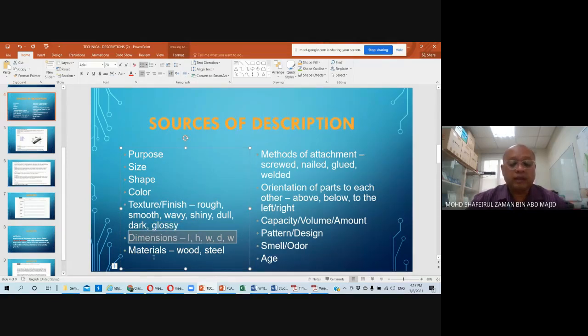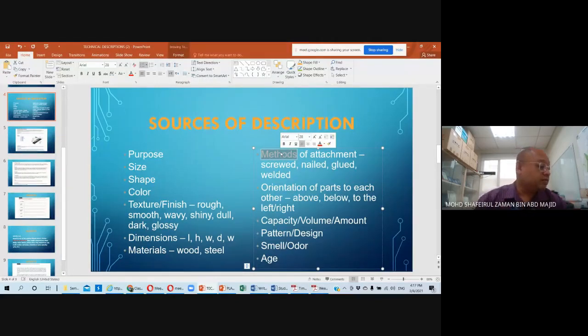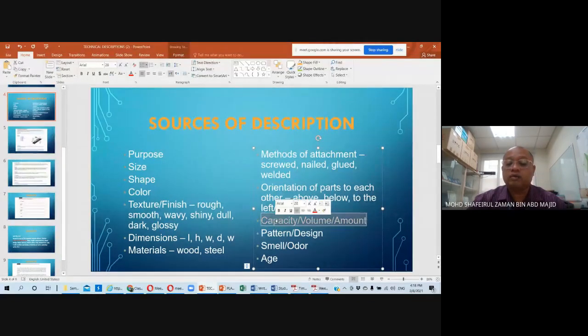What are the materials used to produce that particular product, or certain parts of the product, and methods of attachment? If you notice some of the products that you have in the house, it is attached using a screw, maybe, or some of it attached using glue. So it depends.